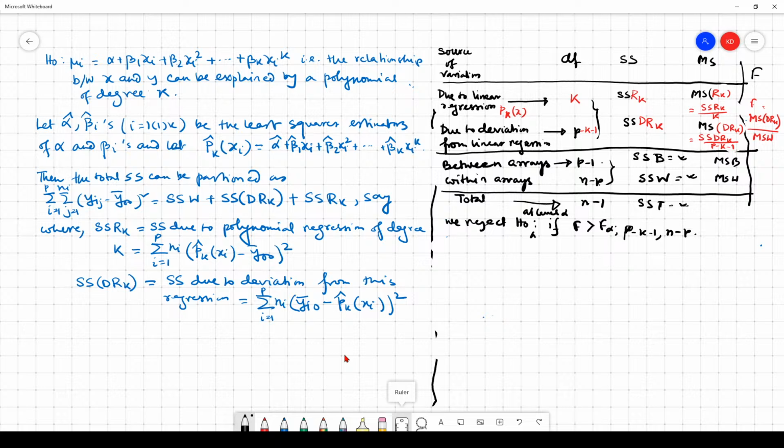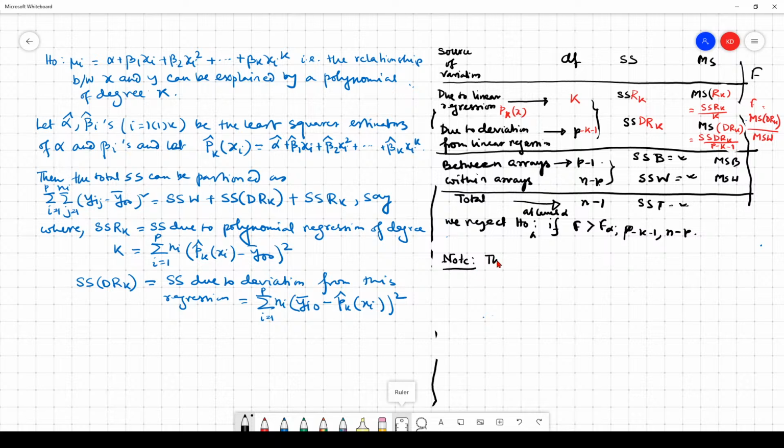So, but there is a huge computation involved in this thing. So instead of this polynomial, you can use orthogonal polynomials to reduce this labor.